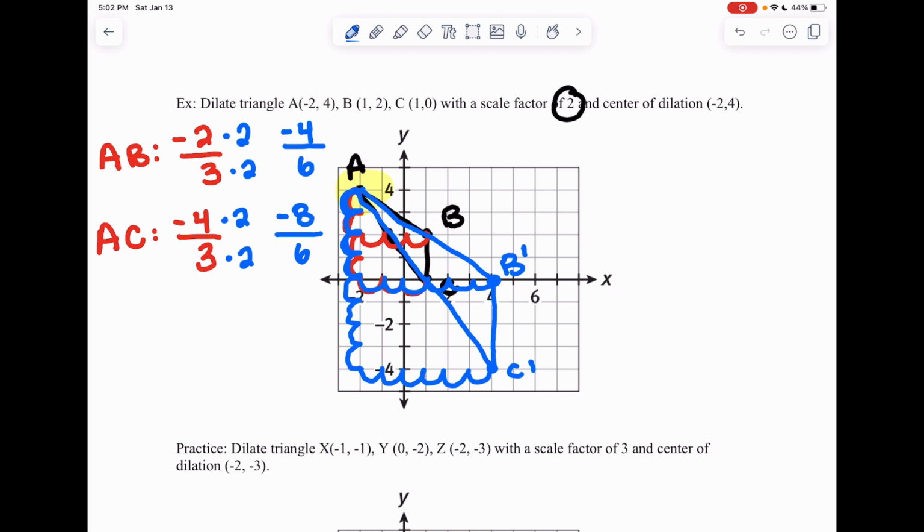And if you noticed, it's like I put my pen down on point A and stretched my triangle from A by a scale factor of 2. That's why A stayed the same and my triangle was stretched from there.